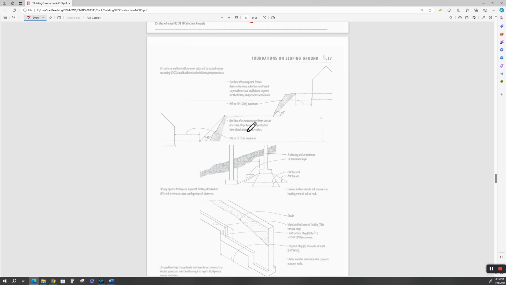You want to set the face of your structure away from the toe of a rising slope to provide protection from the site drain. Remember we talked about the rain coming off and washing down around here? You don't want it undermining your foundation. Set the face of your footing back from a descending slope a distance sufficient to provide vertical and lateral support for the footing to prevent settlement.